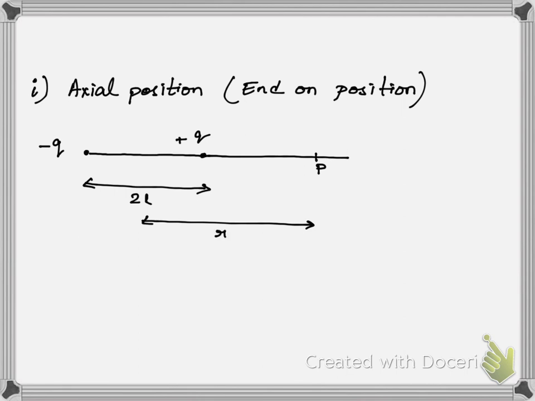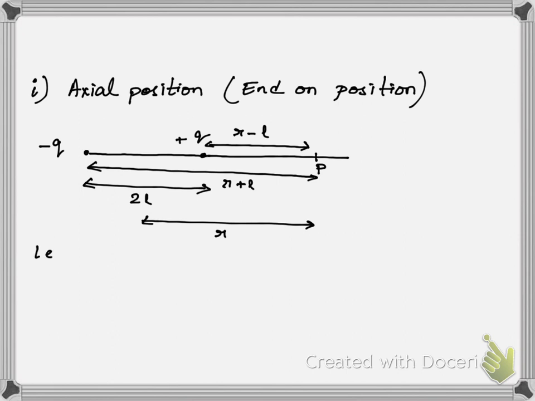So the distance between the plus q charge and the point P will be r minus L, and the distance of the charge minus q from the point P will be r plus L.